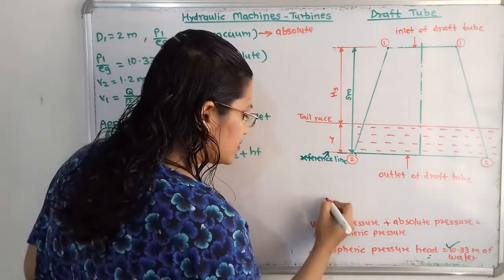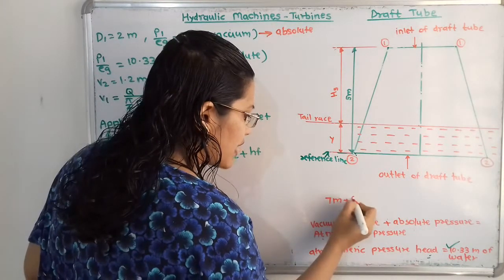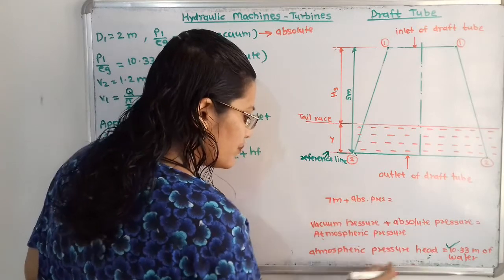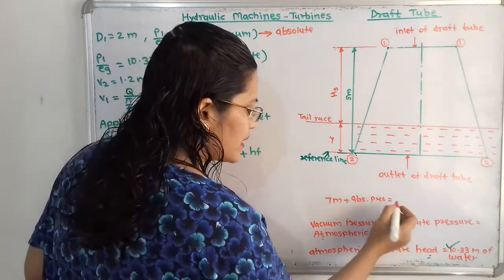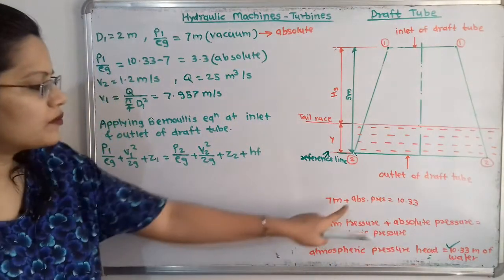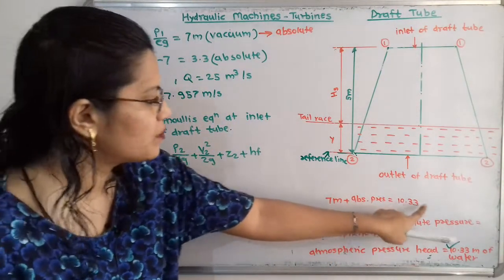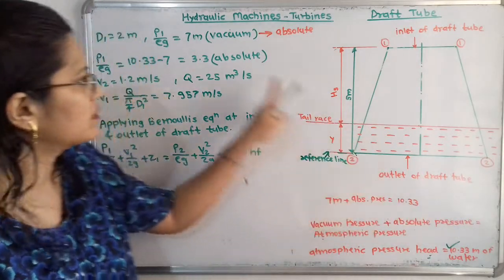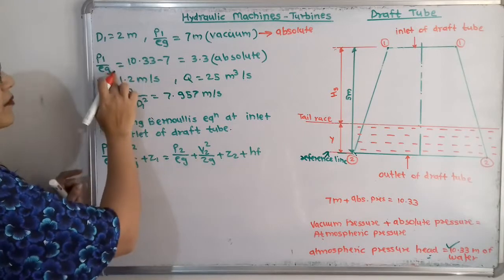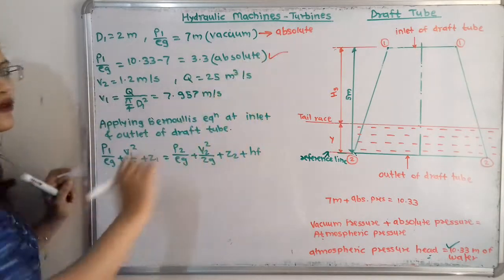So I will take here 7 meter plus absolute pressure, that is unknown, which is equal to atmospheric pressure 10.33. So what is the absolute pressure? So absolute pressure is 10.33 minus 7. So we will get here 3.3, that is this P1 by rho g in the form of absolute pressure.